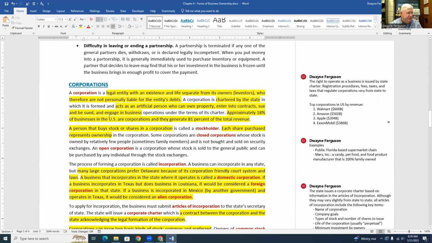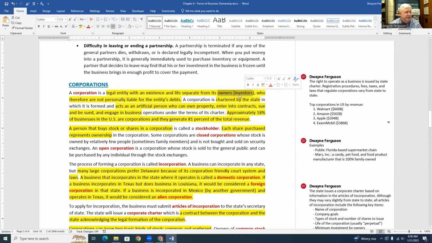Okay, third type is a corporation. So a corporation is a little different. It's a legal entity with an existence and life separate from its owners. The owners are the stockholders, the people that invest in the corporation, who therefore are not personally liable for its debts. So the owners, you want to write this down in your notes, the owners are the stockholders.